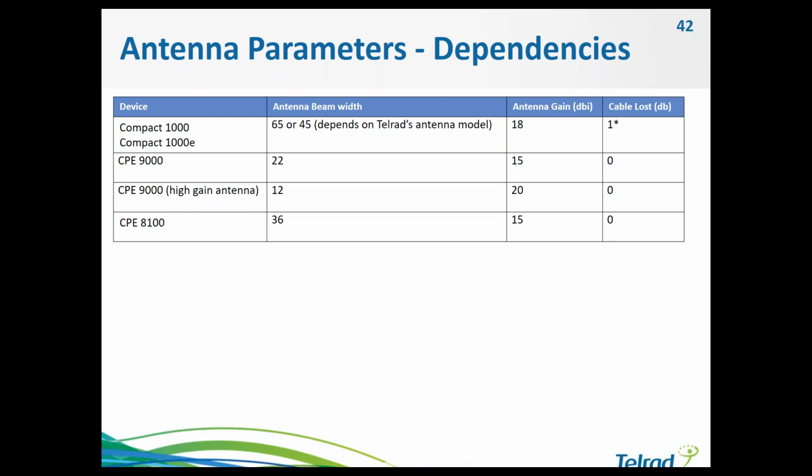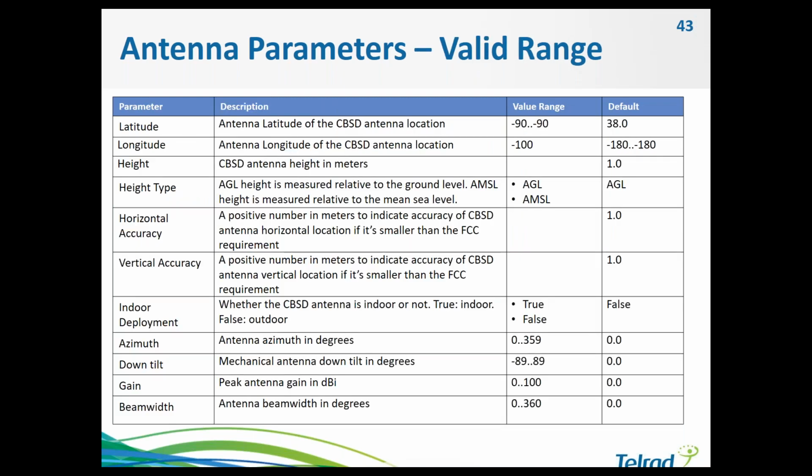So continuing, this is the range of the installation parameters. Reminder that the installation parameters must be configured by the CPI, and then they are signed by the CPI using its certificate.